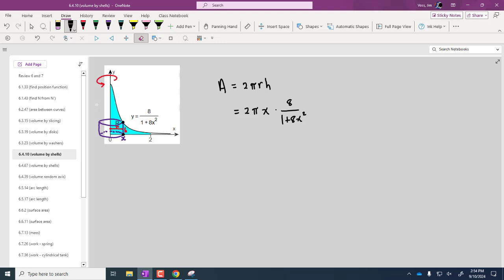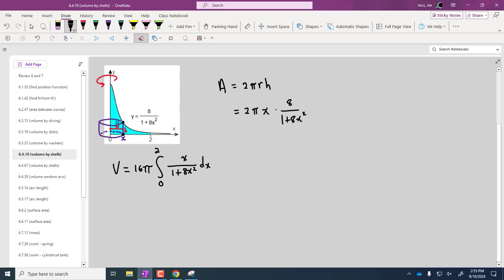All right, there we have it. So this tells us that the volume is going to be, we'll pull the constants out, 16 times pi integral, and we're going to have this be x over 1 plus 8x squared dx. They tell us the integral limits are 0 to 2.